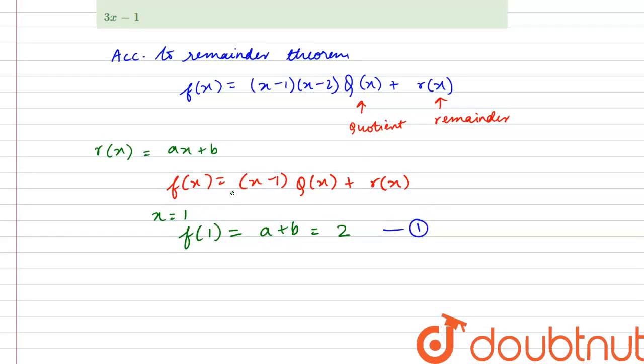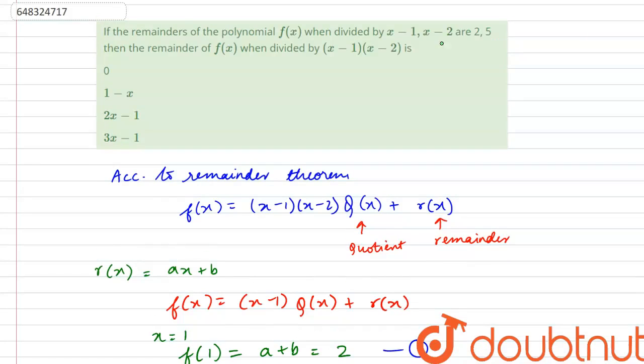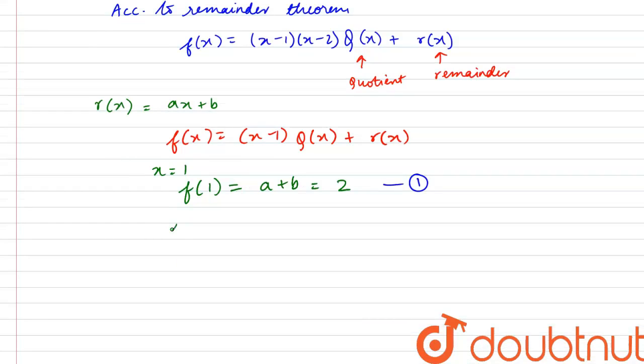Also, when f of x is divided by x minus 2, we have f of x equals x minus 2 multiplied by q of x plus r of x.